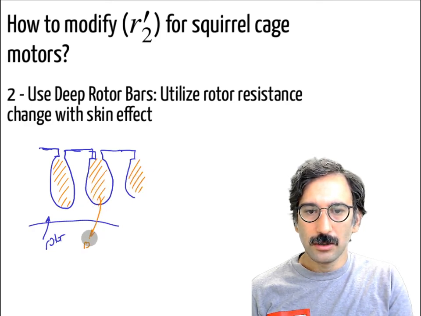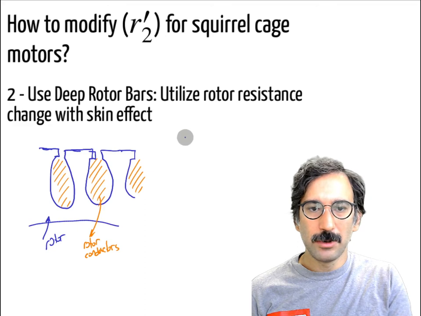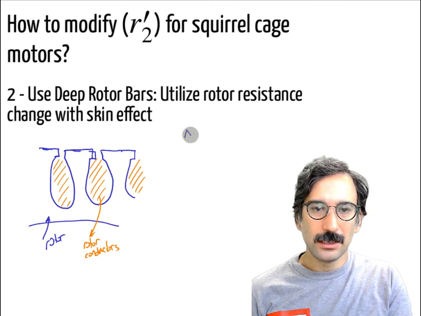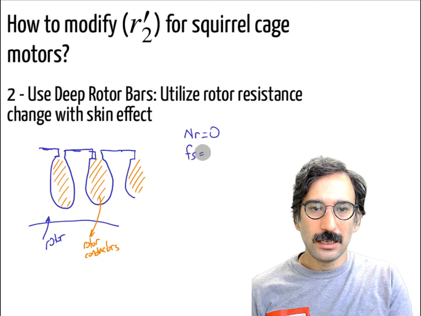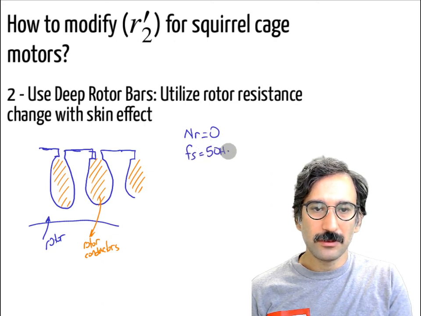These are rotor conductors. So at first, remember, let's say rotor speed is 0 and applied frequency is 50 Hertz.